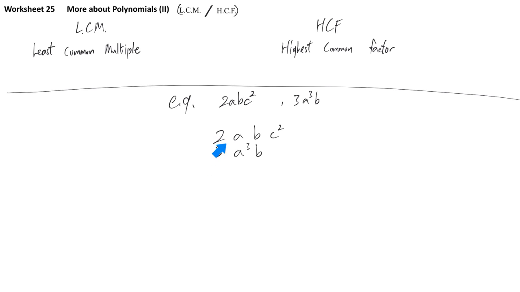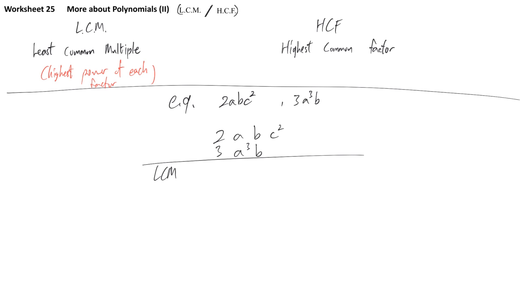So every similar factor we write in the same column, and then we are going to find the LCM. LCM, that means the highest power of each factor.